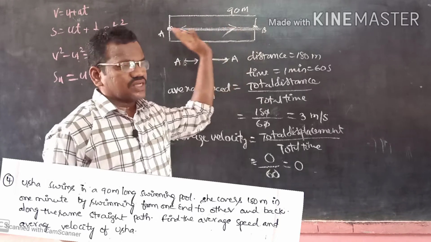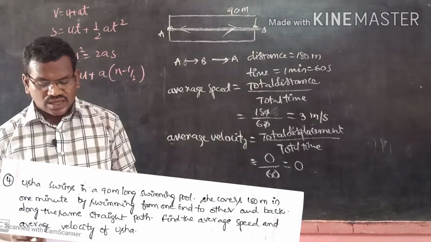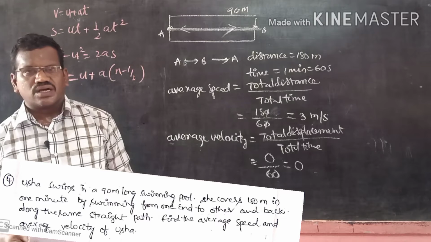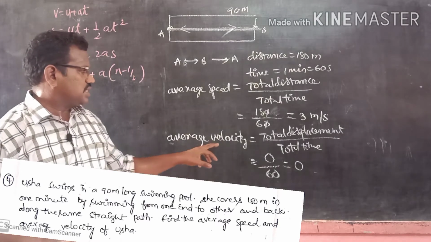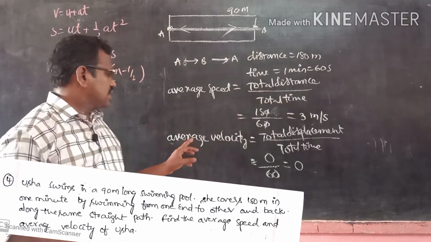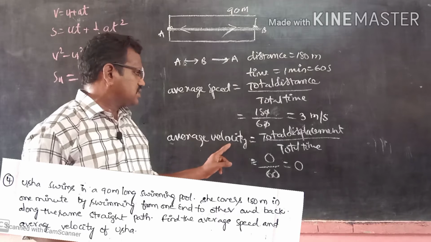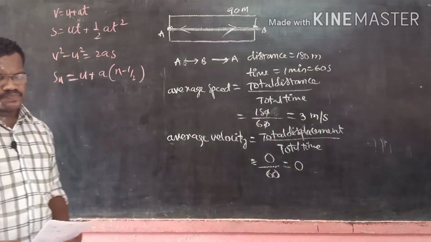Means she is always moving along a straight line path. Find the average speed and average velocity of Usha. This is the model problem that we did. Average speed is equal to total distance by total time. Average velocity is total displacement by total time.